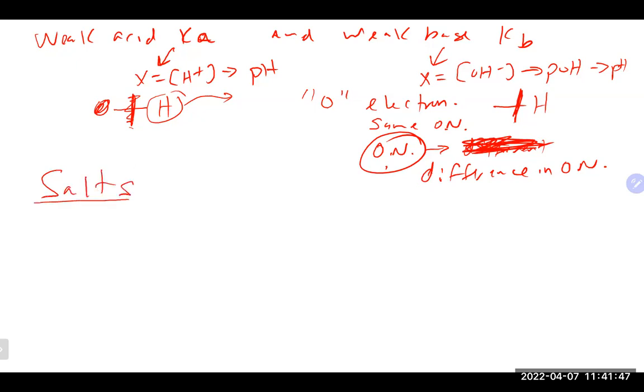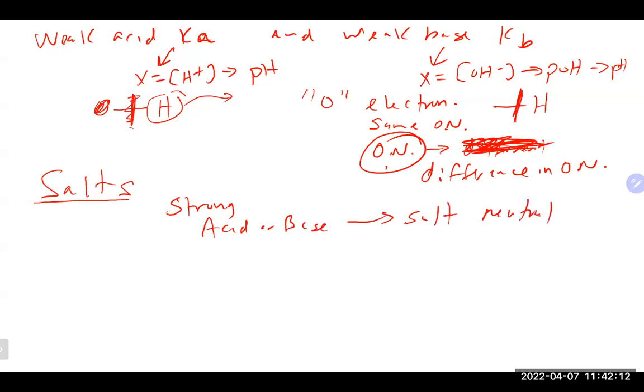So salts are generated from a reaction of an acid and a base. As we talked about, it's really important to think about where the salt comes from and understand the opposite relationship. If your salt comes from a strong acid or base, then the salt will be what is considered a neutral salt.